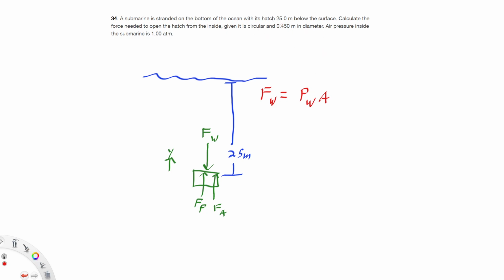The area we can calculate, it's circular, it's 0.45 meters in diameter, so we can calculate that. In fact, maybe we do that real quick. Alright, so the area of the door is like 0.15 square meters. 0.16.